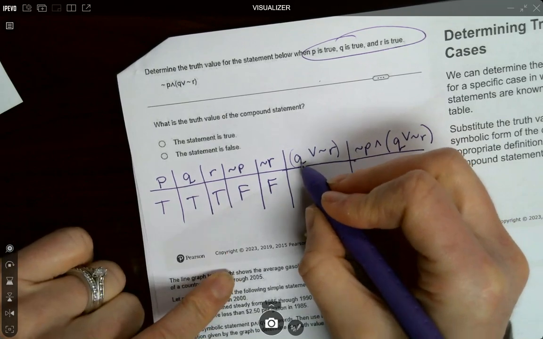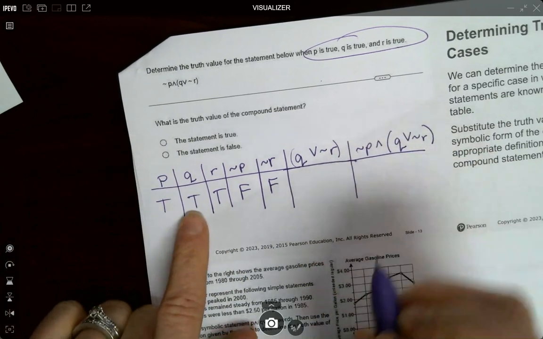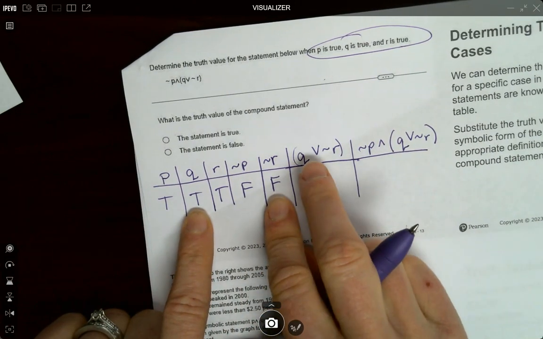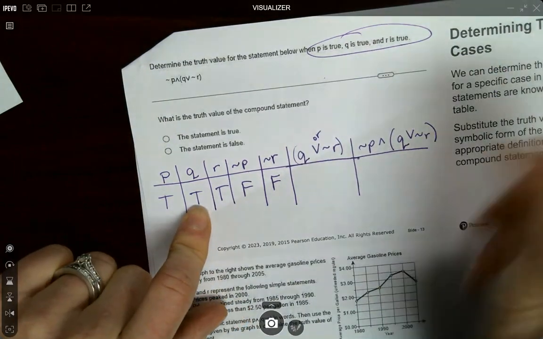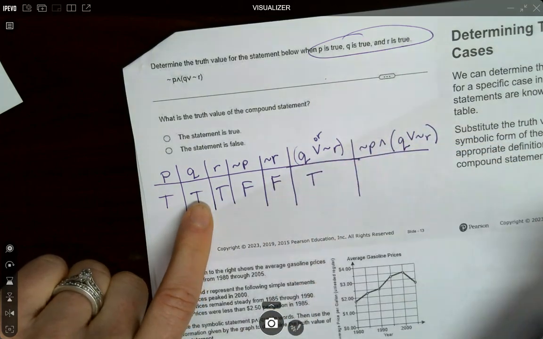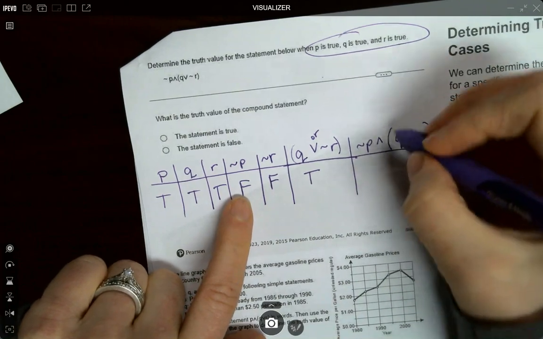Now let's do Q or negation of R. So here's Q, here's negation of R. With the or statement, the only way it's false is if they're both false. So we have one that's true, so that makes it true. Now let's do this one. This is an and.